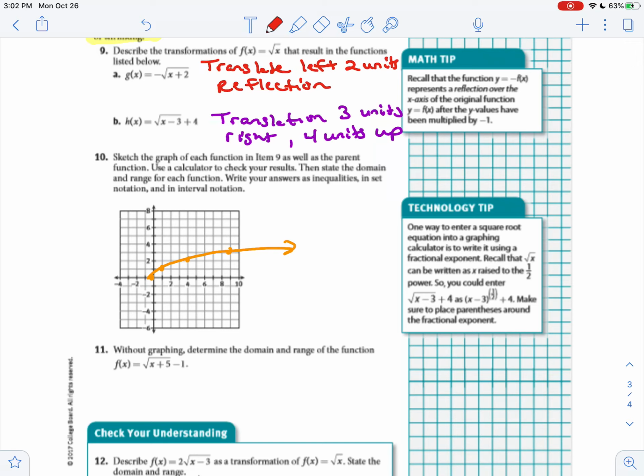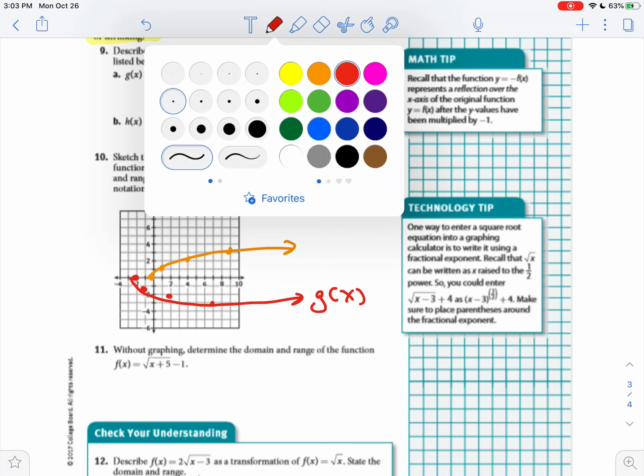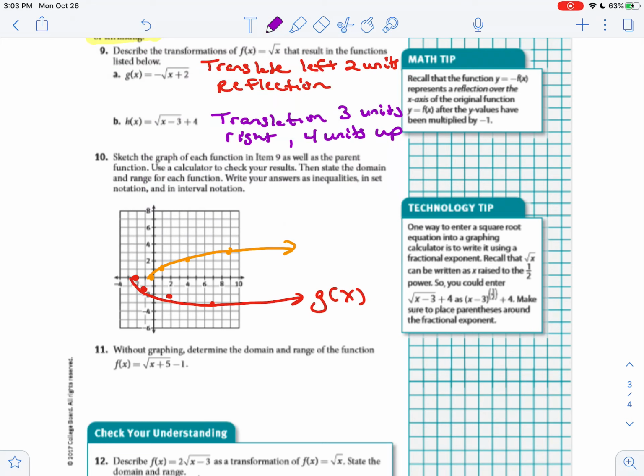We are going to translate that function left 2 units, and then we need to do a reflection. So if I go left 2 units for each ordered pair, and then reflect, the point that's on the axis doesn't really go anywhere. Then I'm going to take the next point, go left 2, and then reflect, so now it's here. Left 2, here, left 2, and here. So now this is going to be my g of x.